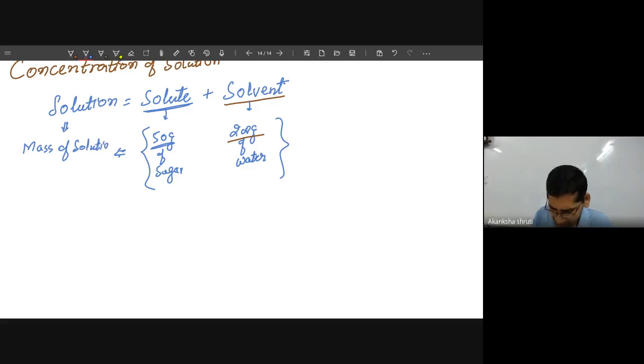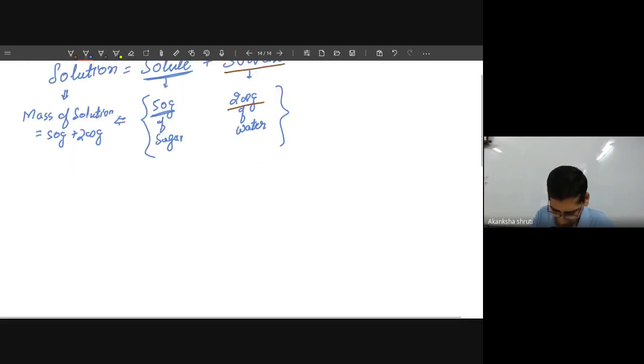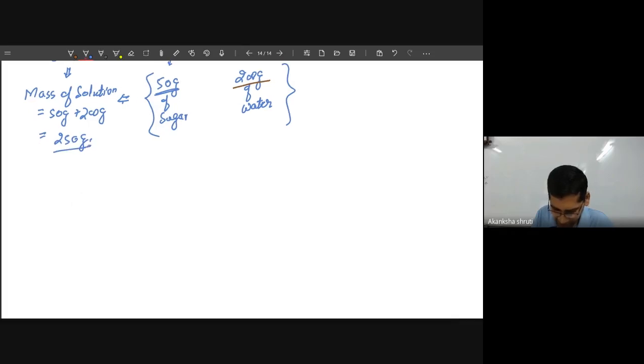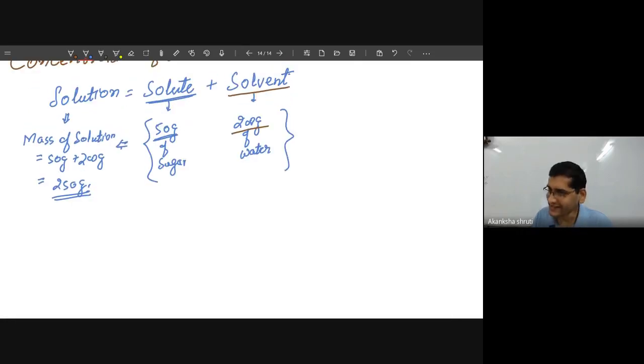Very good. This will be 50 gram plus 200 gram, so it becomes 250. So mass wise, we should be very clear: the mass of solution is the sum of the mass of solute and solvent.